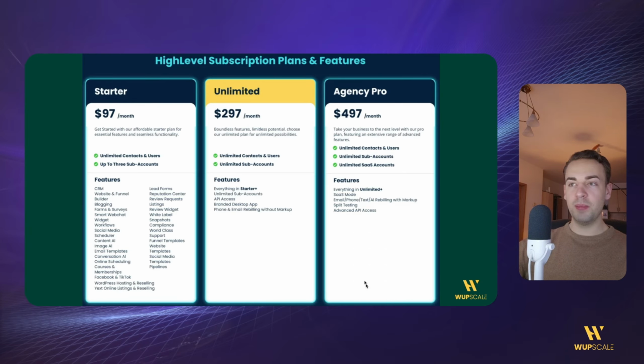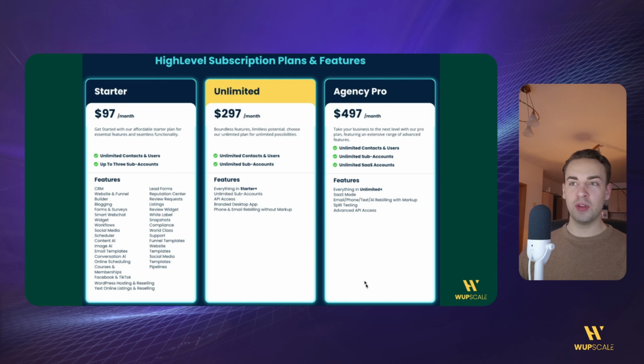Here are the three main plans for HighLevel. We have a starter plan at 97 per month, an unlimited plan at 297 per month, and then we have the agency pro package at 497 per month. With the starter package, HighLevel gives you all the features even on the starter plan, which is great, and many of the other softwares don't do it. You need to pay for the pro plan to access all the features.